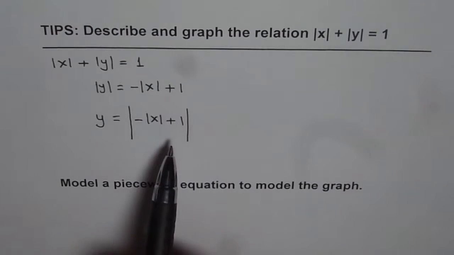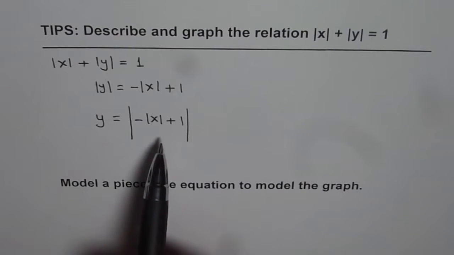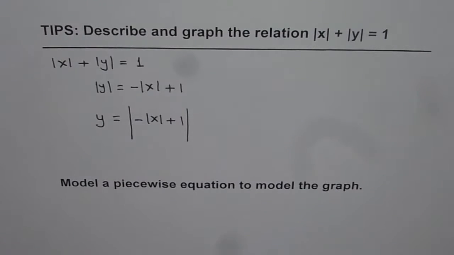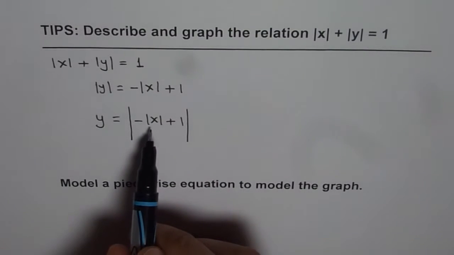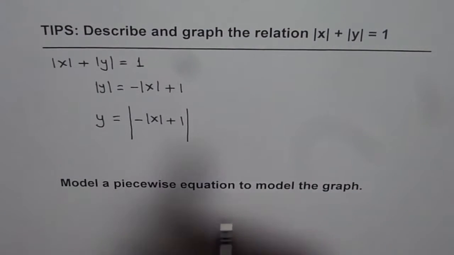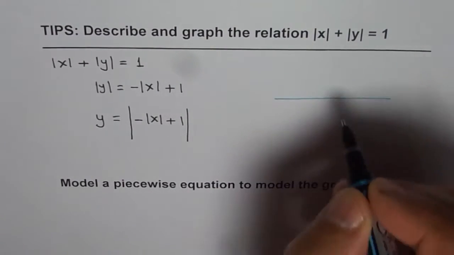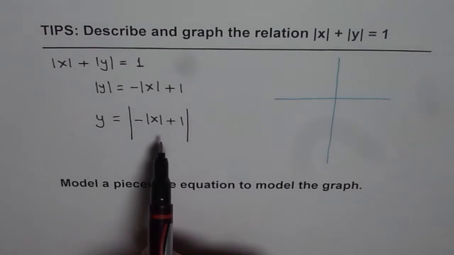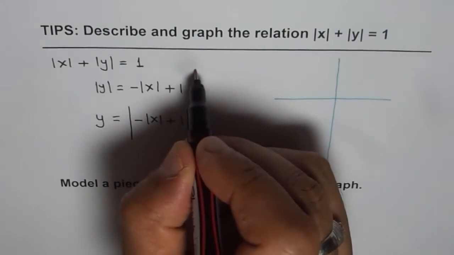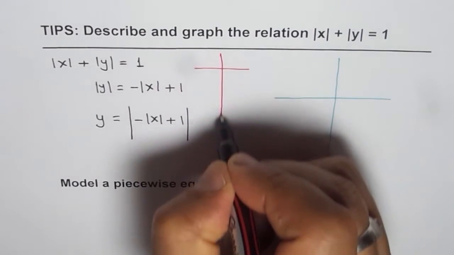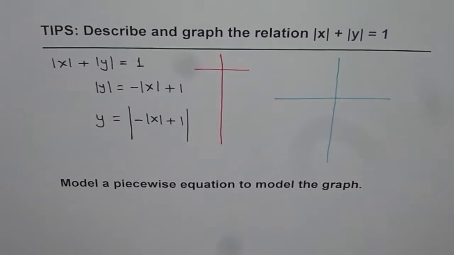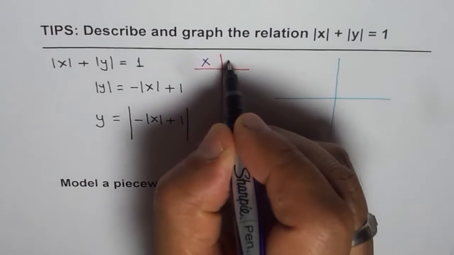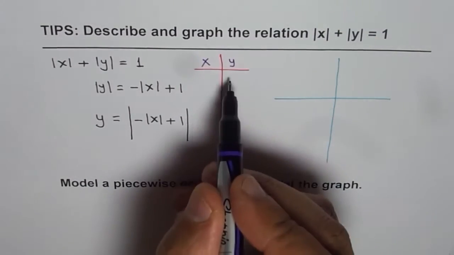Now with this, let's try to sketch the graph. We'll follow simple transformations, starting with the parent function absolute x, and then sketch our function. So let us say that's our coordinate axis. I'm not using graph paper here, but you should actually plot it on graph paper. I'll also recommend that you make a table of values, where you have x values and y values.